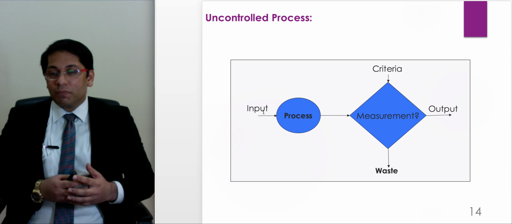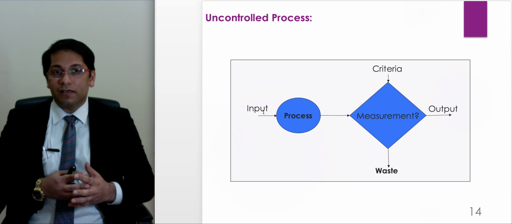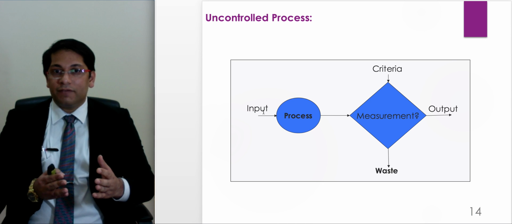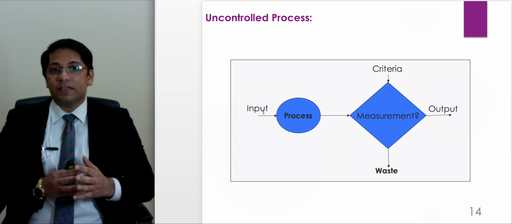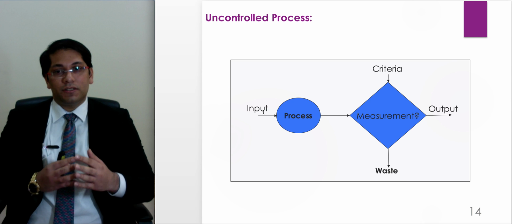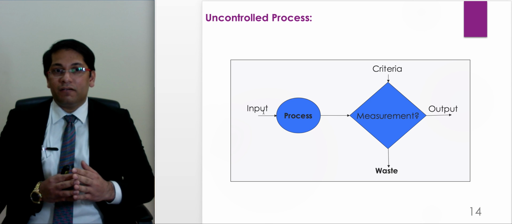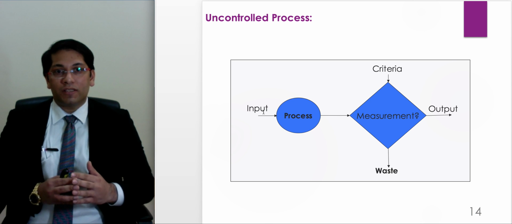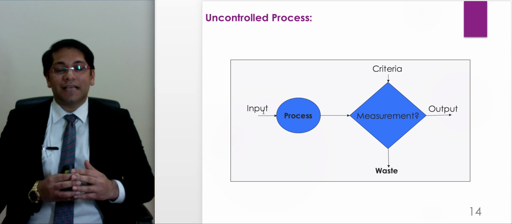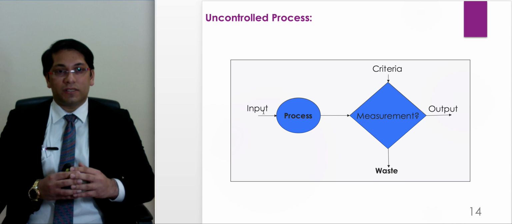Do you have a measurement system in place to measure your process output against the customer criteria? Here, we are not measuring anything, we are not taking any action. This is just an open loop process, and the customer is complaining, the customer is not happy with the product, but we don't measure our process or our input based on the criteria provided by the customer. This is otherwise called an uncontrolled process.